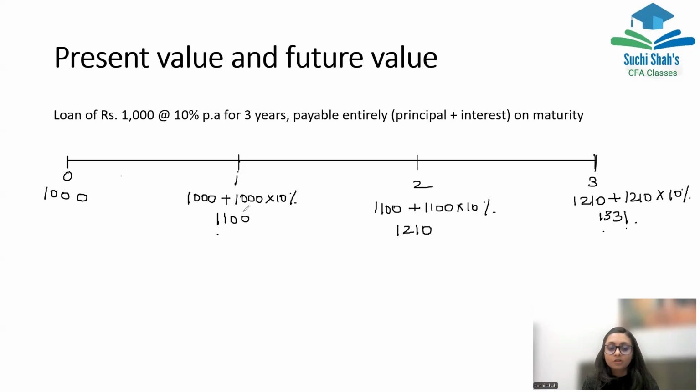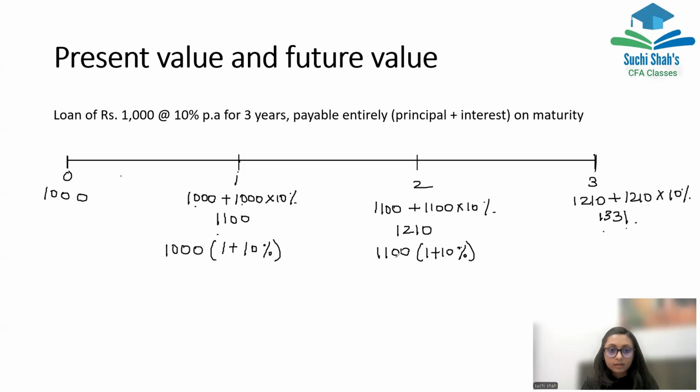Okay, what were we actually doing? हमने क्या किया यहाँ पे, 1,000 plus 1,000 पे 10%. So what did we actually do? We can take 1,000 common over here and bracket में क्या बचेगा, 1 plus 10%. Yes. Now what did we do over here? 1,100 कॉमन ले सकते हैं and ब्रैकेट में 1 plus 10% बचेगा.